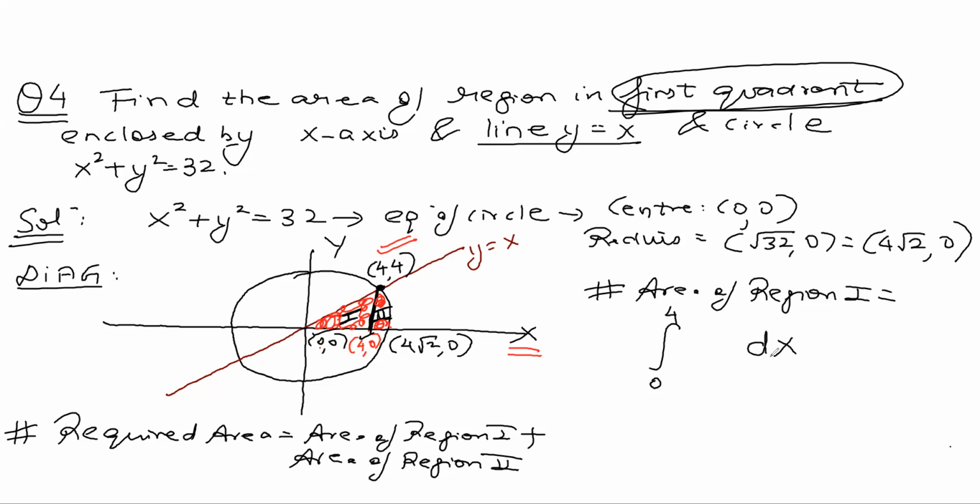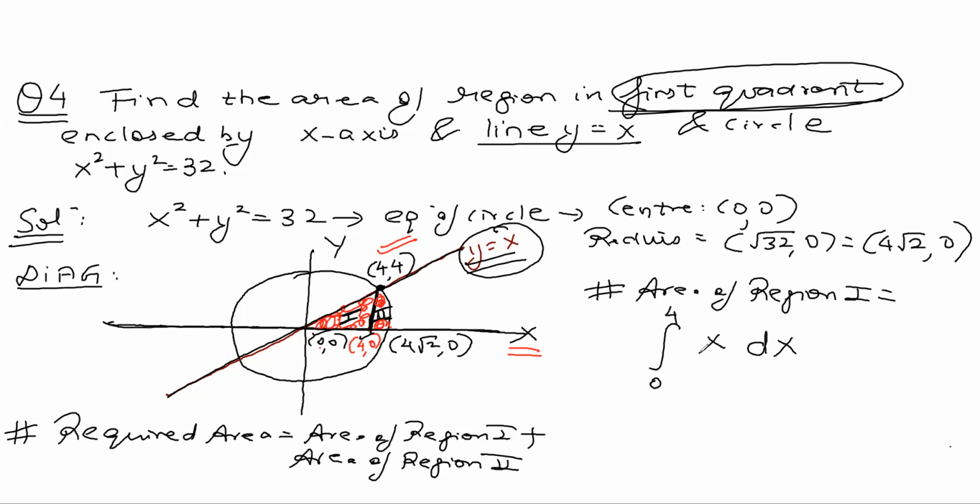And what are we integrating? We are integrating the line. Remember guys, in region 1, we don't have the circle coming up as of now. In region 1, you only have this line and you have the horizontal axis. So as x goes from 0 to 4, what is my line? Y equal to x. If I write it in terms of x, it's nothing but x dx.